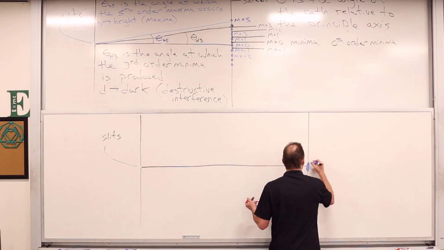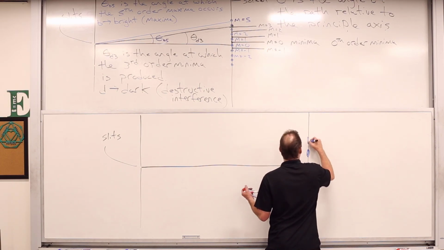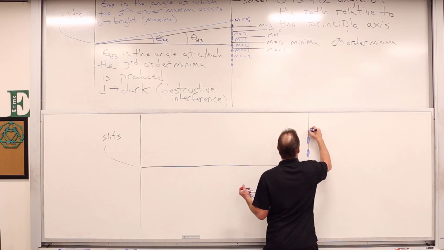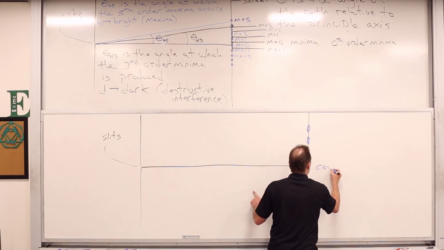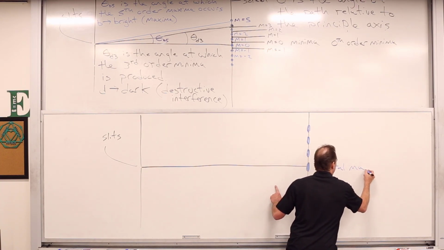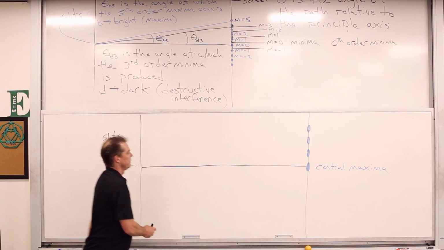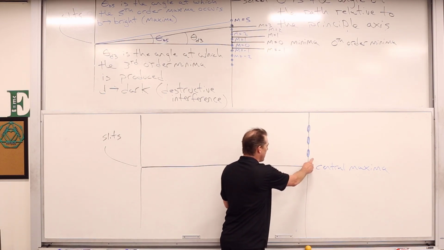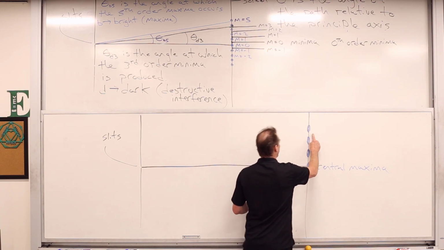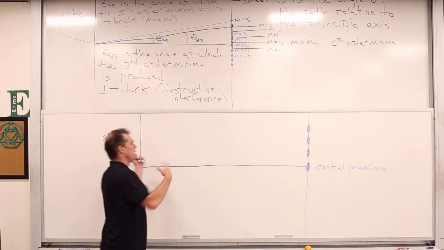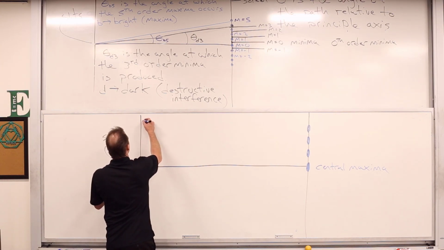So got our central maxima there, then the zeroth order minima, first order max, first order min, second order max, second order min, third order max. That's alternation between them.